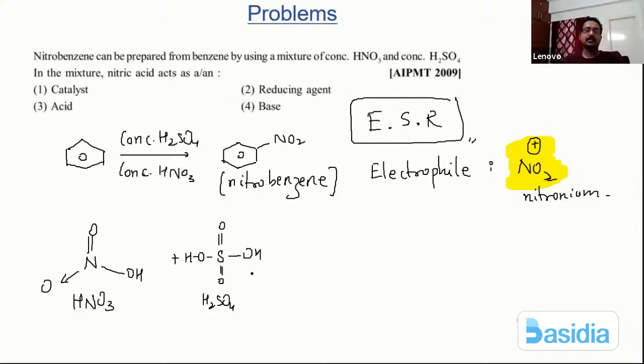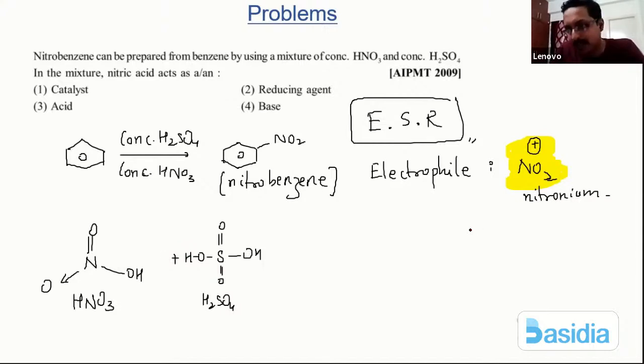So this is our sulfuric acid structure, H2SO4. Now we know that H2SO4 is more acidic compared to HNO3. Everybody knows this, correct? Generally, H2SO4 is slightly more acidic compared to HNO3. So what exactly is going to happen now?